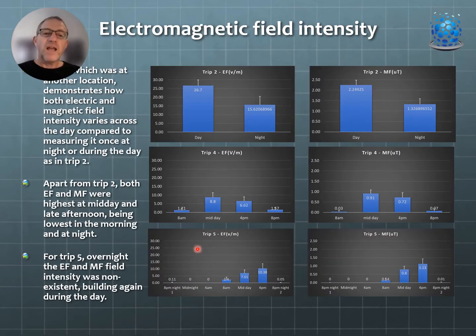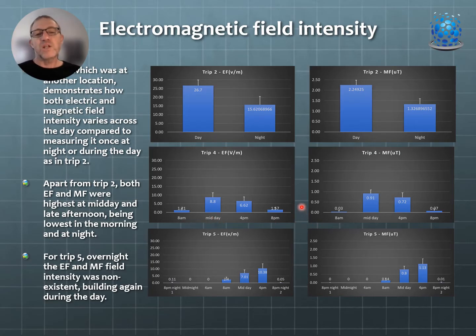Just some key graphs with electric and magnetic field strength. Now in trip 2, this was done once during the day and at night, and the reading is higher. There could be something to do with calibration of the instrument in subsequent trips. Then we looked at overnight, 8 p.m. Then we did 8 a.m., midday, 4 p.m. and 8 p.m. and looked at the build-up and decrease in electric magnetic field strength.